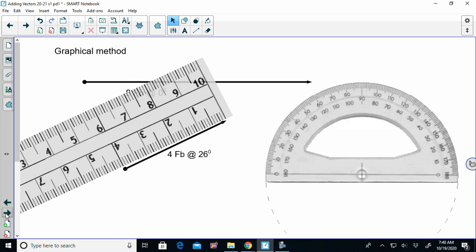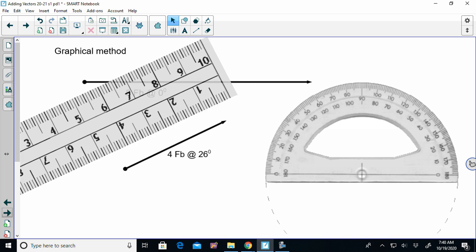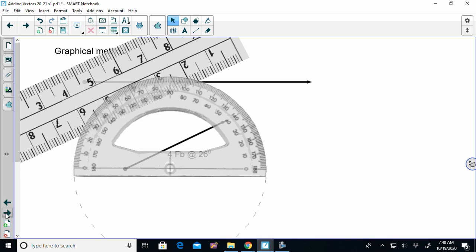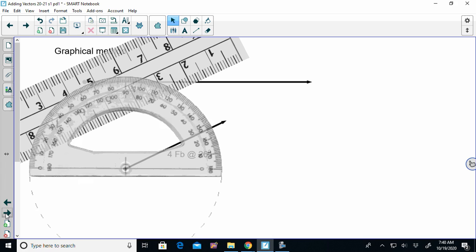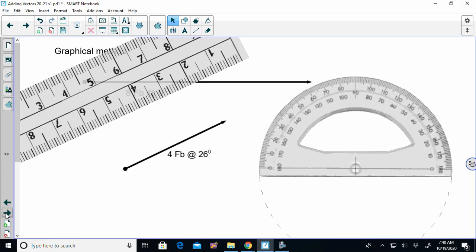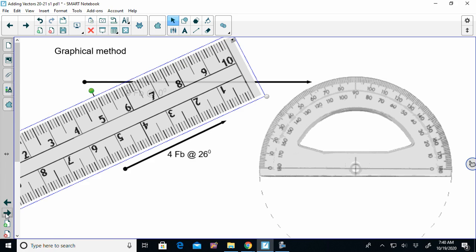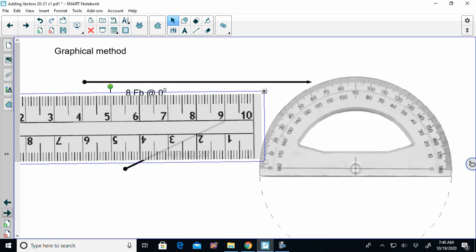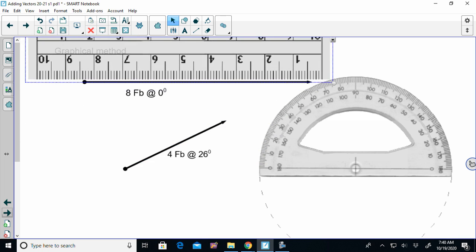To do it graphically, you need a protractor and a ruler, and you actually draw everything exactly to scale. Here I've got this vector, which is 4 units at 26 degrees. So if I bring my protractor over here, I've got 4 units at 26 degrees, and it's a lot harder to do on a smartboard than on a piece of paper.